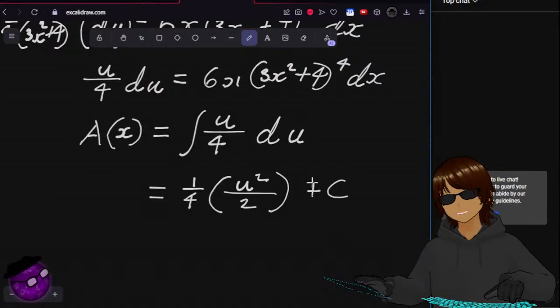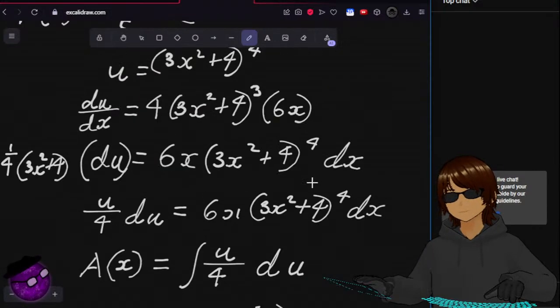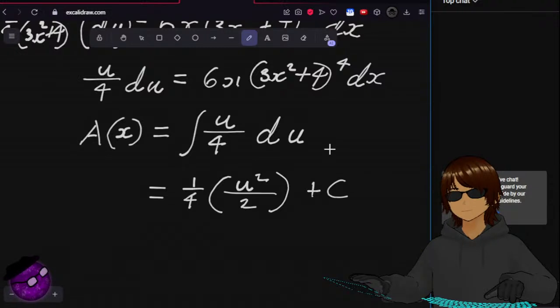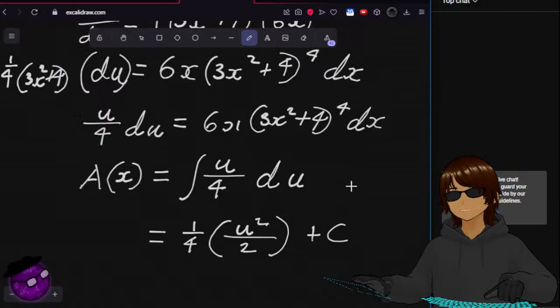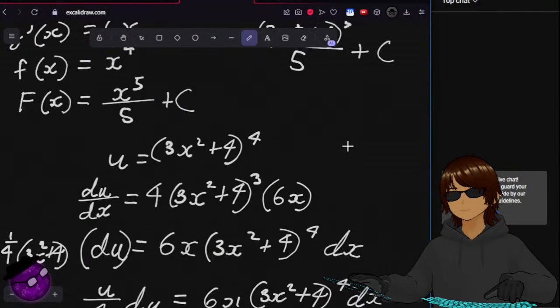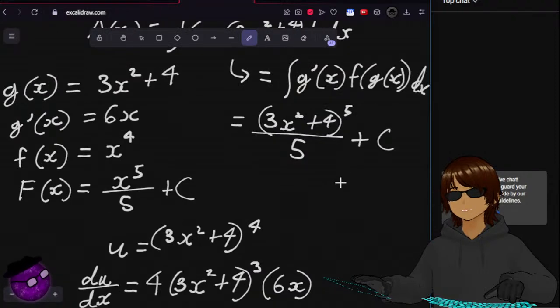Is this even correct? U squared divided by 8. What is the original answer? This.